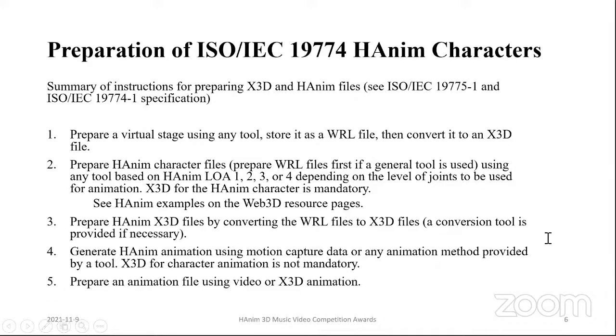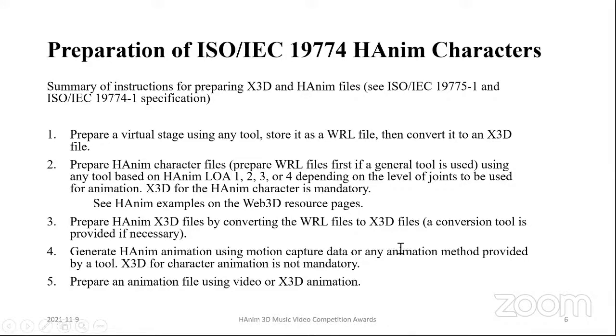The next step is to prepare an HAnim X3D file by converting the WLL file to X3D. HAnim code was mandatory. The next step is to generate HAnim animation using motion capture or any animation method.